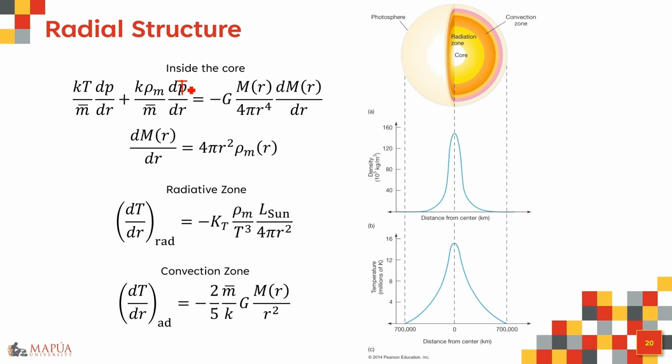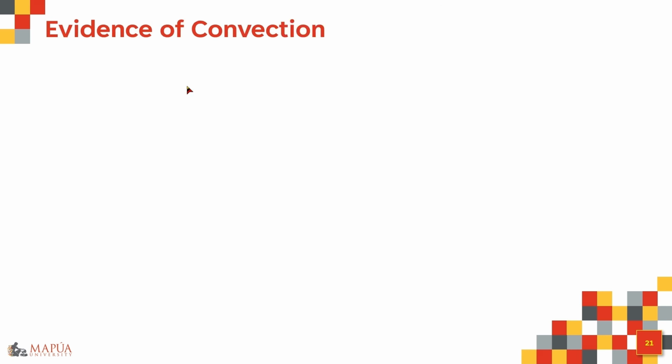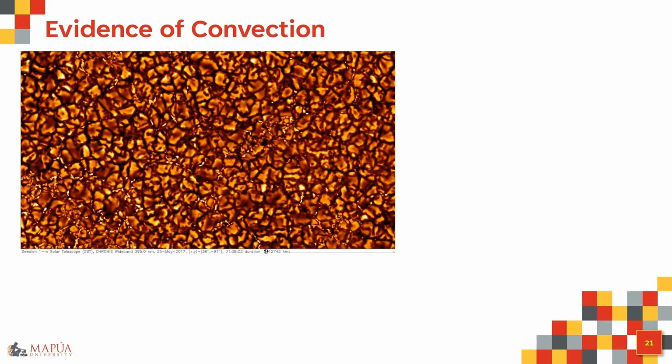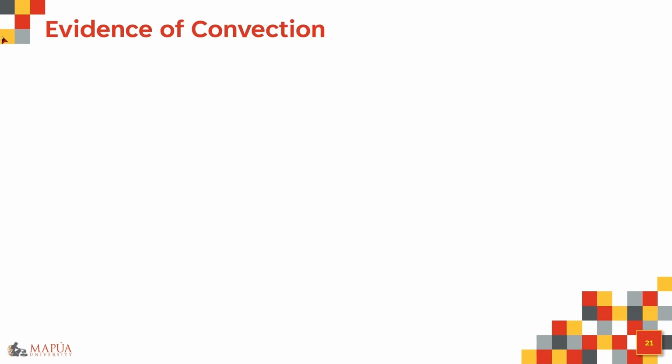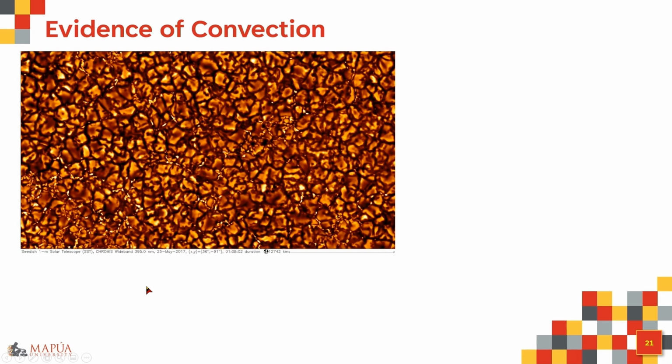For the next meeting, we're going to connect the convection that happens in the convection zone to the surface of the Sun. One evidence of convection is the observation of what we call solar granules.